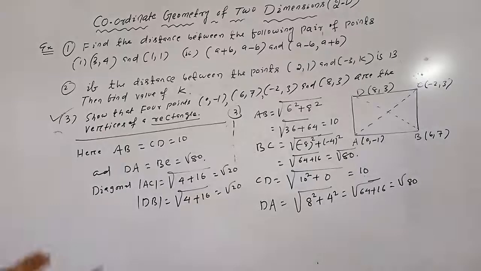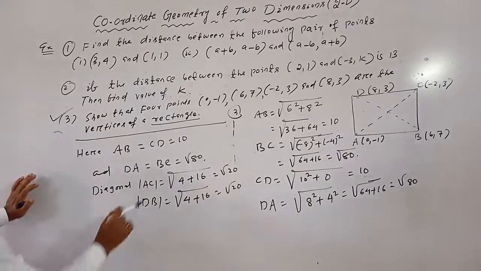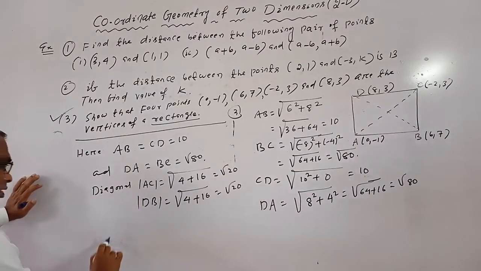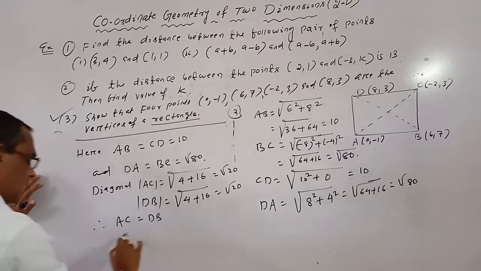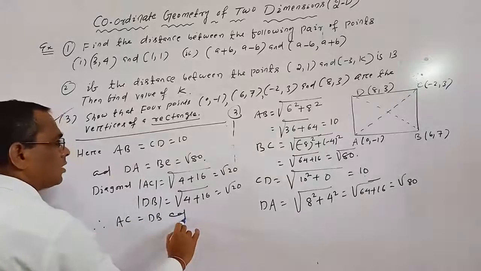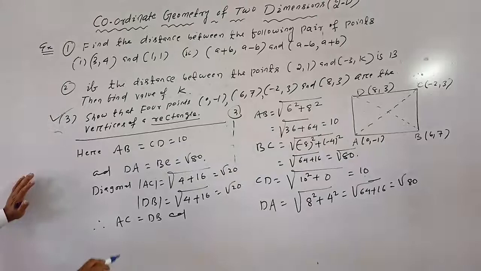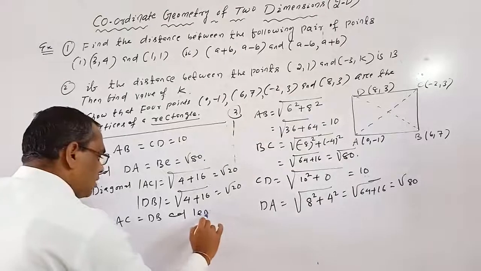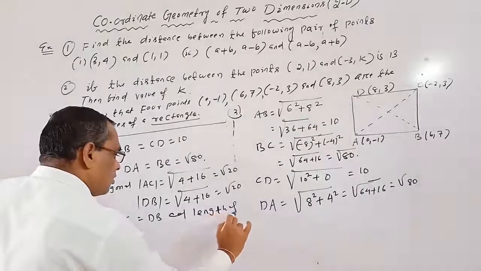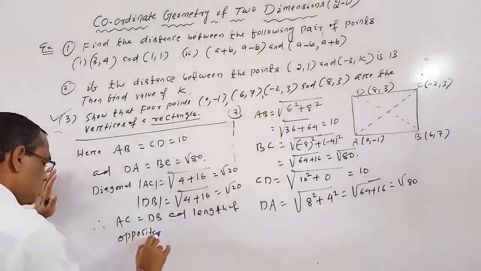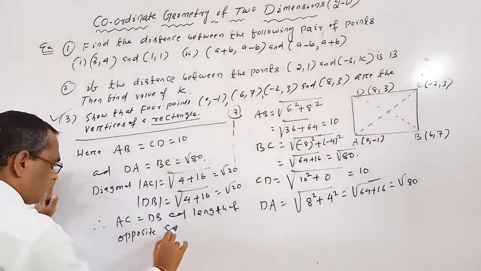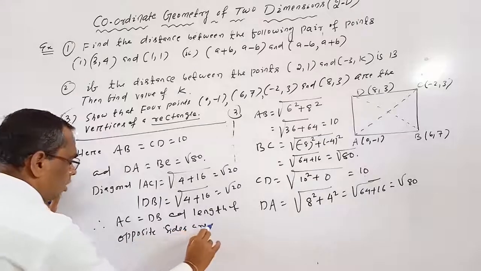So since diagonal AC equal to diagonal DB, therefore AC equal to DB, and the lengths of opposite sides are equal.